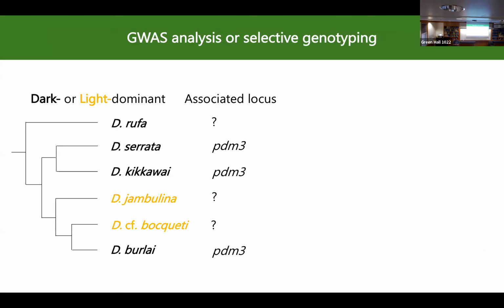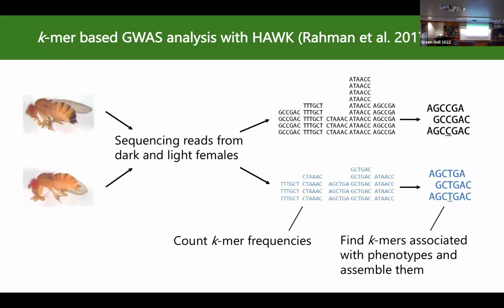I investigated the hypotheses by using GWAS analysis and selective genotyping. For the GWAS analysis, I did a k-mer-based GWAS. At first, I extracted DNA from dark females and light females and sequenced the genome.